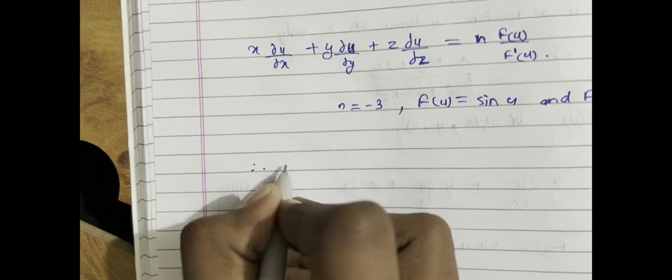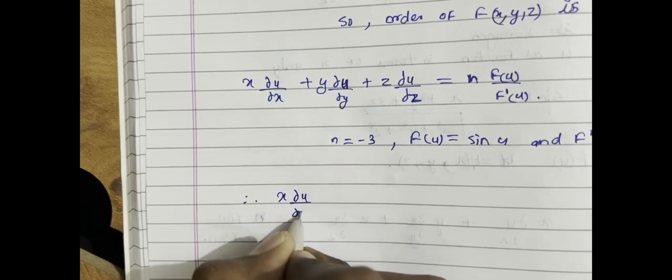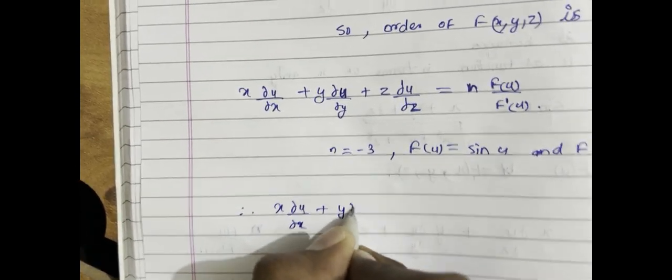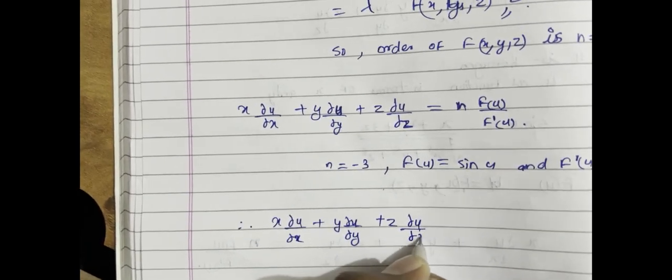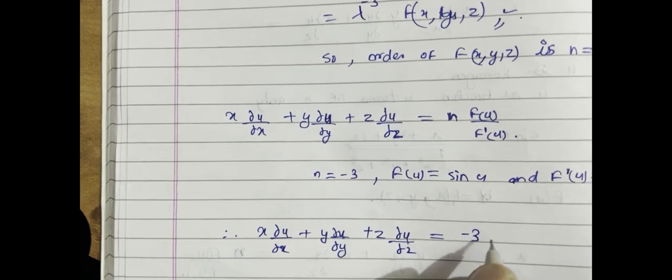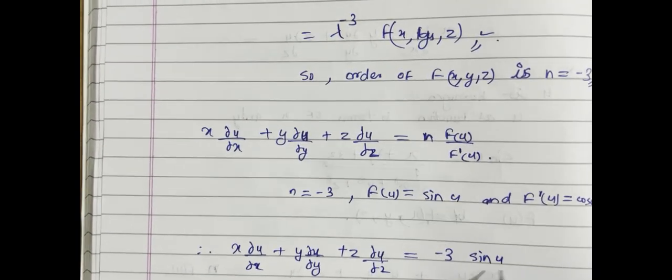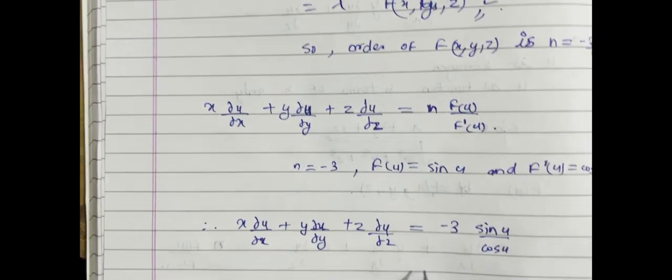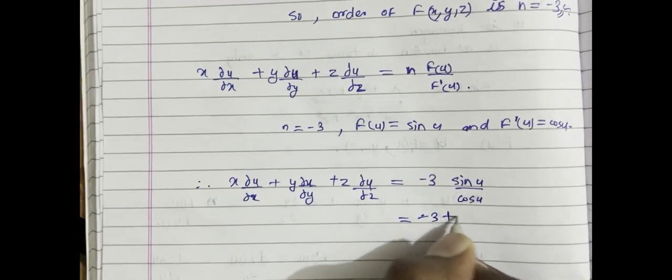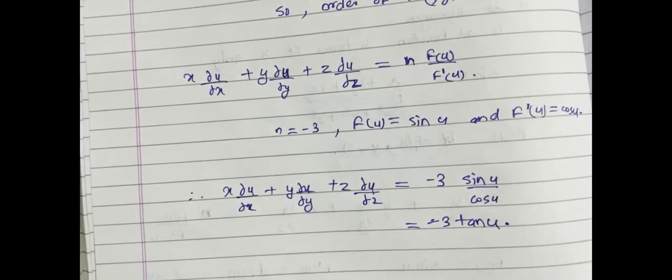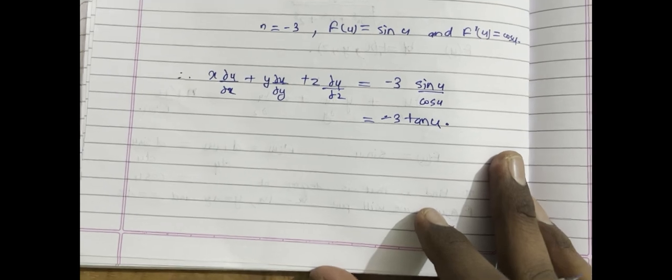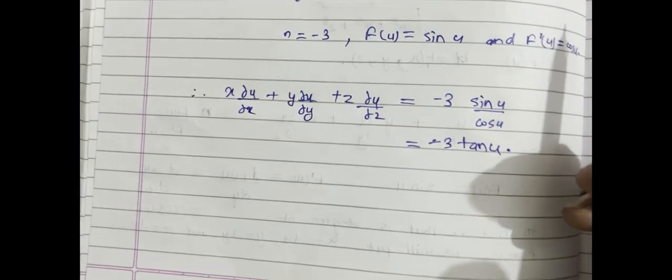Therefore x ∂u/∂x plus y ∂u/∂y plus z ∂u/∂z will be minus 3 into sin u by cos u, that is minus 3 tan u. So today this much we will learn.